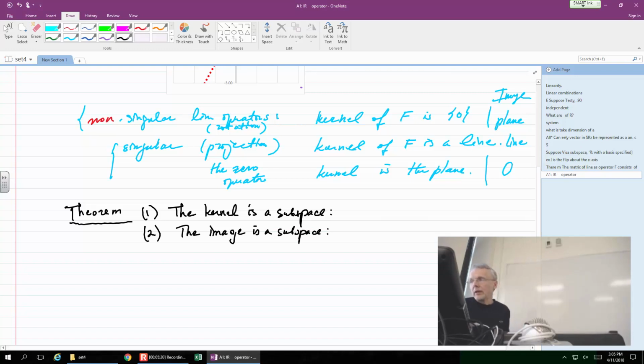Before we address them in any kind of generality, let's take our two-dimensional case, where we're speaking of subspaces. The kernel is a subspace of the domain, while the image is a subspace of the codomain.